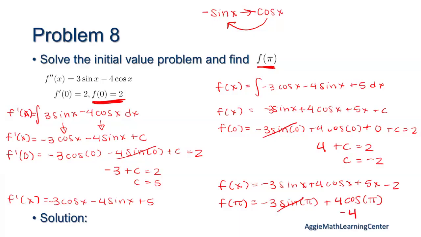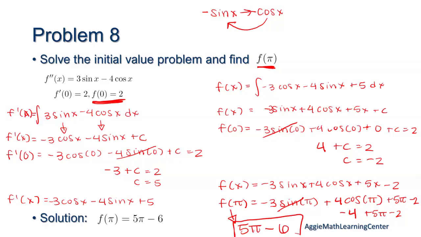And then we have plus 5 pi minus 2. So that gives me 5 pi minus 6. Boom, there it is. Answer: 5 pi minus 6.